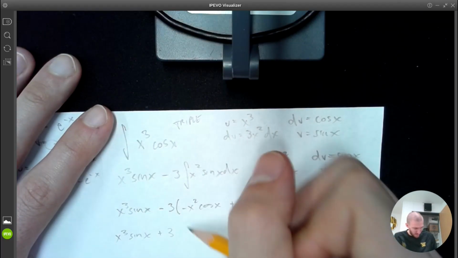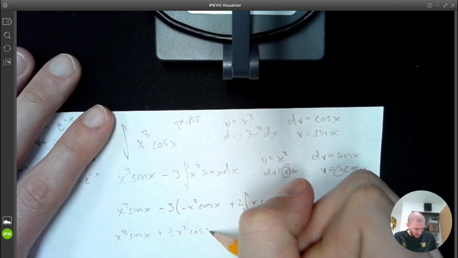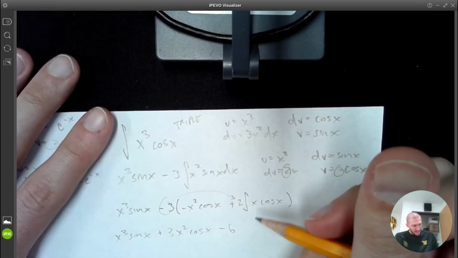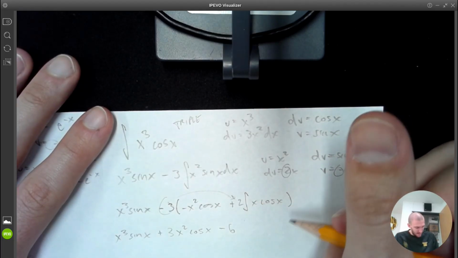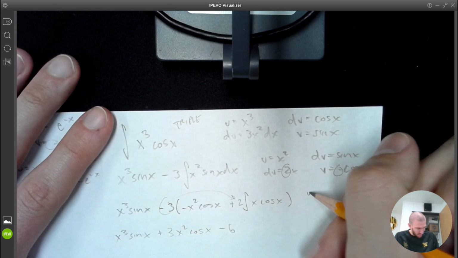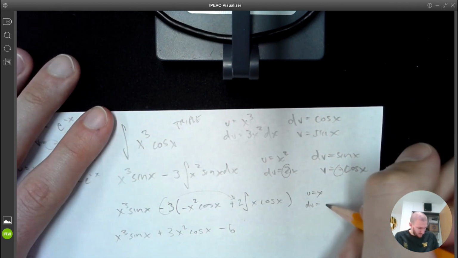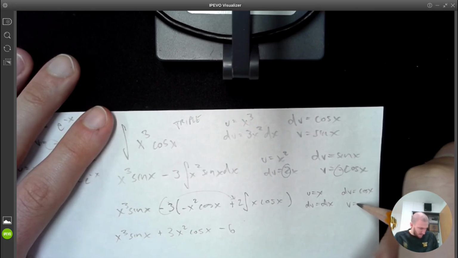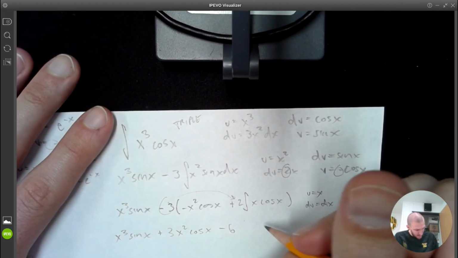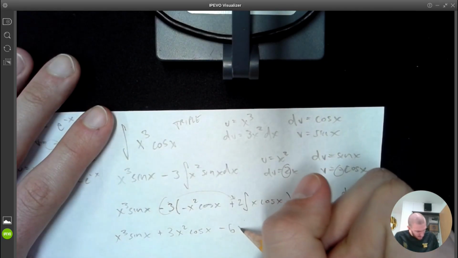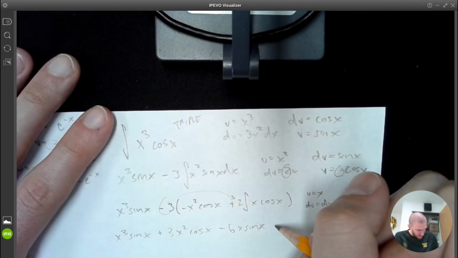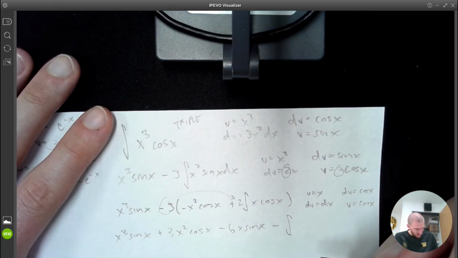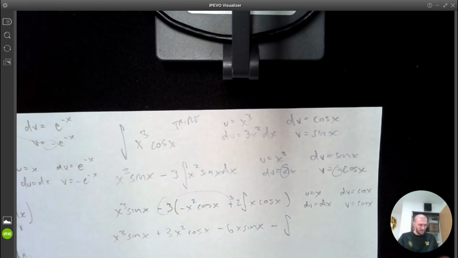That's going to become positive 3x squared cosine x minus 6 times the integral of this. Oh no, last one. u is equal to x, du is equal to dx, dv is equal to cosine x, v is equal to sine x. x sine x minus the integral. Hold up.